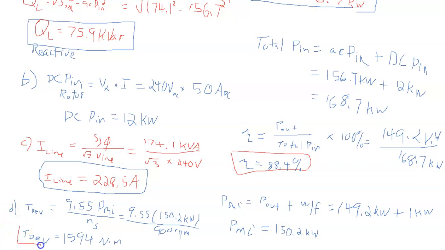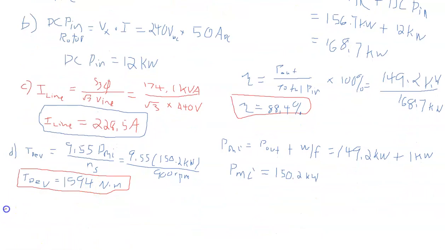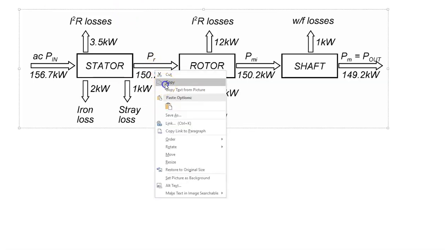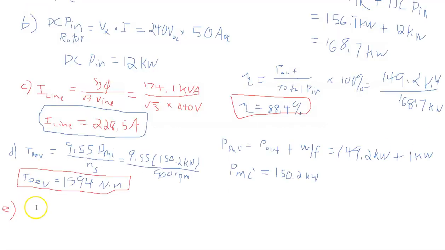Now, the last part is the power flow diagram. Instead of sketching that, I'm going to pull it in from the other slide here. And so this is it. I'm going to pull that over with the rest of our stuff here.